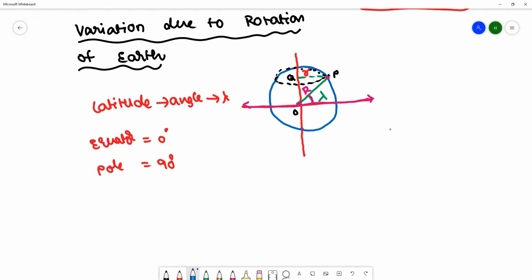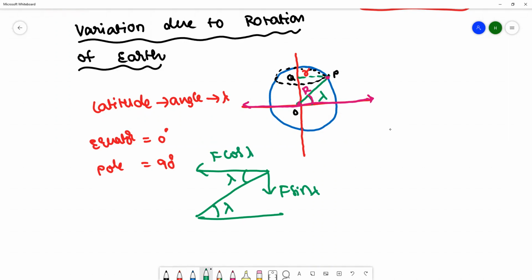Let us consider this component. This is lambda, and here it also makes an angle of lambda. This will be F sin lambda and this will be F cos lambda.